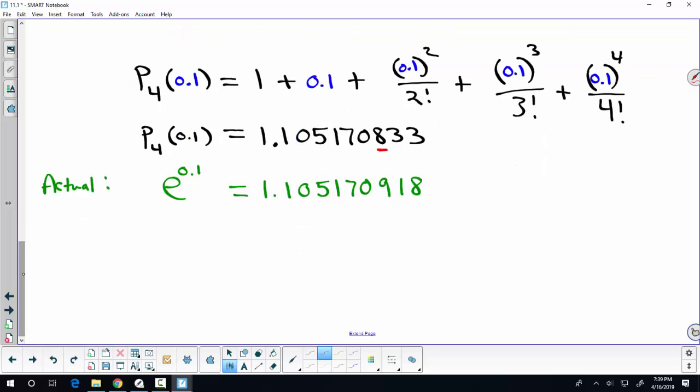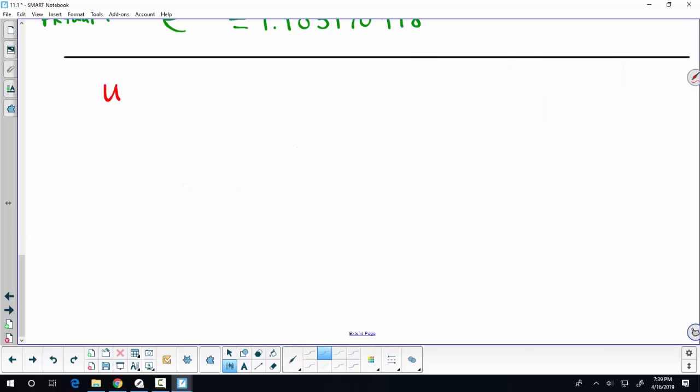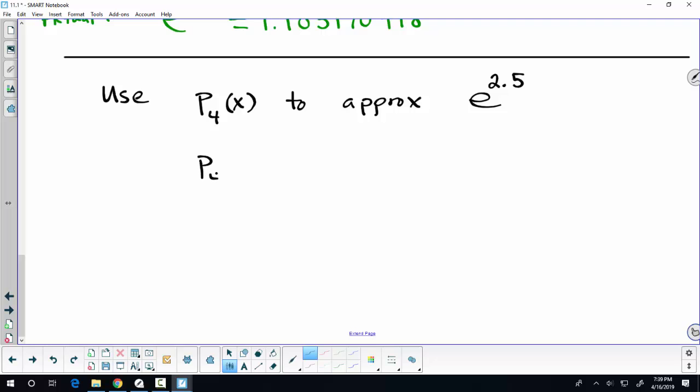It'd be kind of a pain to do that division, but how about if we used the approximation P sub 4 to approximate e to the 2.5? Again, we've already approximated the function e to the x, so our input is just 2.5.